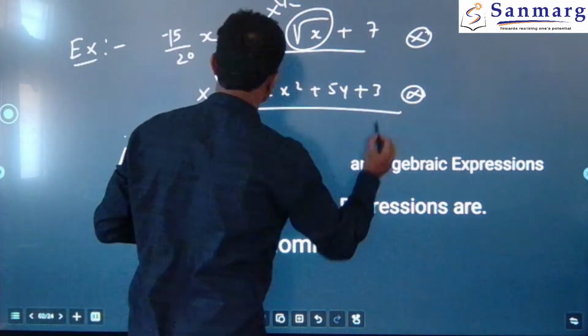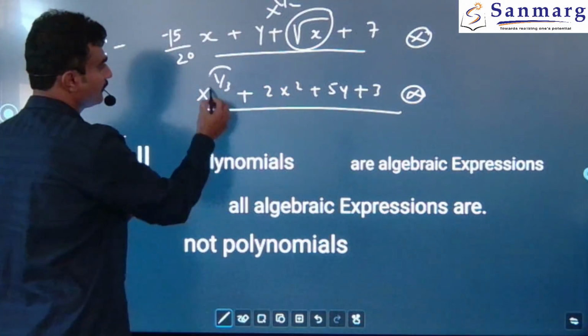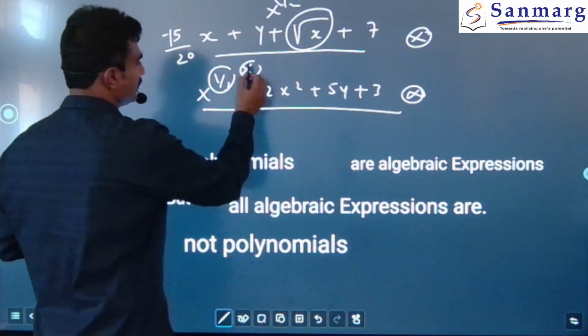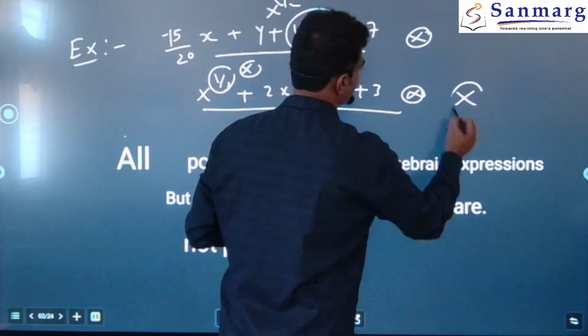If I go for the next example, again the power of x here is 1 by 3, which is not a whole number. Therefore, this is also not a polynomial.